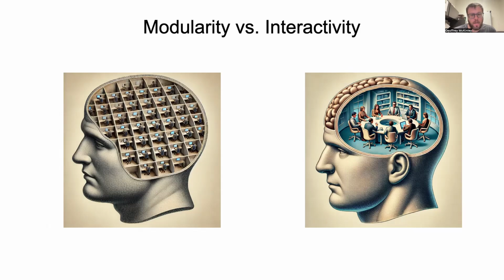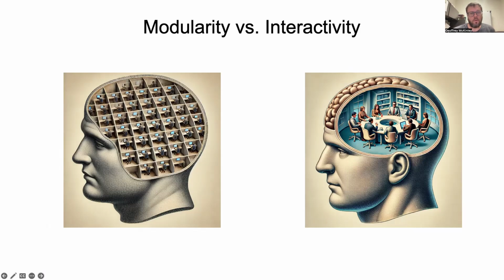The idea behind modularity is that the mind is composed of separate and specialized processes or components, and the important thing is that they're thought to be informationally encapsulated. So if one component is involved in processing the semantics of a sentence, such as the dog barked at the mailman, there might be one module that retrieves the semantic concept as well as the relations in that sentence.